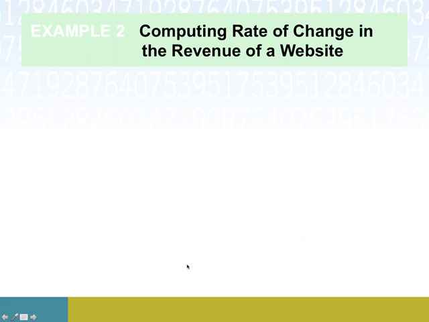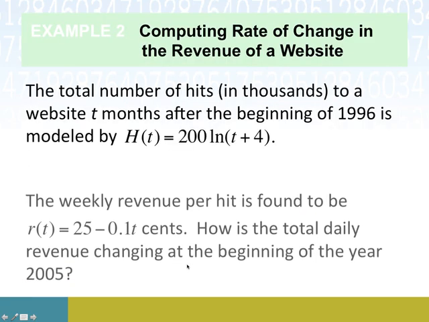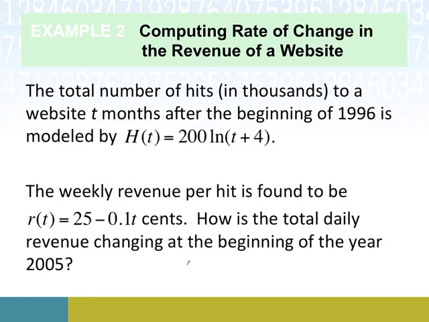So we would want r prime, and I can do this in years, but 2005 to 1996 is 9 years. That many months is 108 months, 12 times 9. So this is our goal. This is what we need for this problem. Deconstructing these words and turning them into something mathematical, what I really want is r prime of 108.